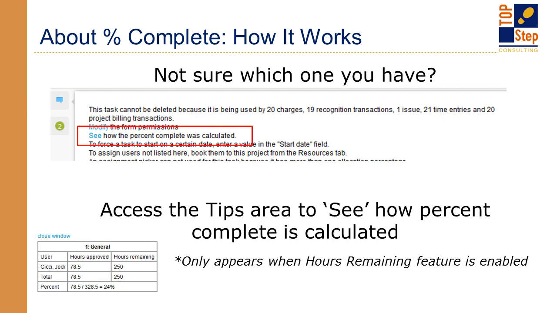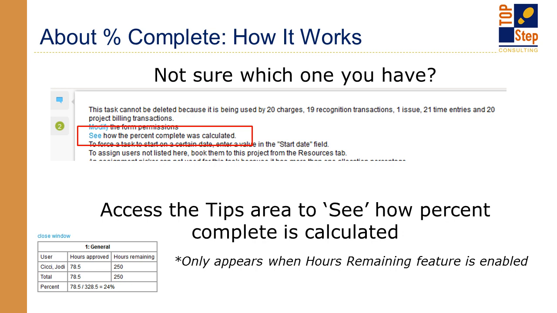If you are using the estimated hours remaining feature, and if that's enabled, you can see the actual calculation from within the task. So when you are in there, there is a dialog box on the very far left. Typically that dialog box, depending on your role, may or may not be visible, but for administrators it absolutely is. If you click on that dialog box to the left, it'll show you the actual calculation. So here you can see the hours approved, hours remaining, and then the math to come up with the fact that my project is 24% complete.